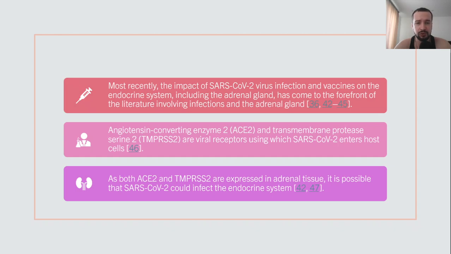Angiotensin-converting enzyme 2, ACE2, and transmembrane protease serine 2, TMPRSS2, are viral receptors using which SARS-CoV-2 enters host cells. As both these enzymes are expressed in adrenal tissue, it is possible that SARS-CoV-2 could infect the endocrine system.